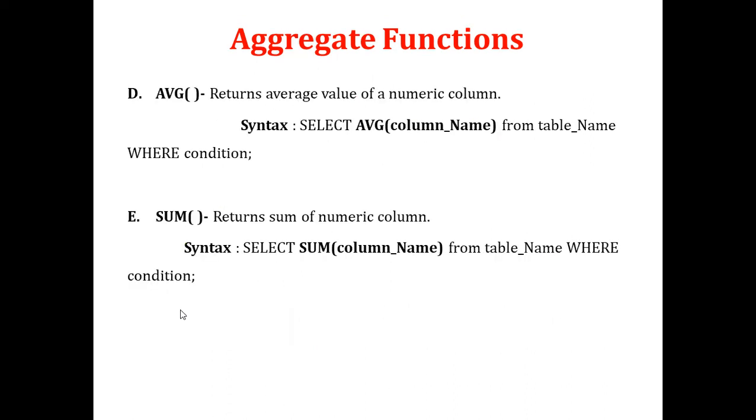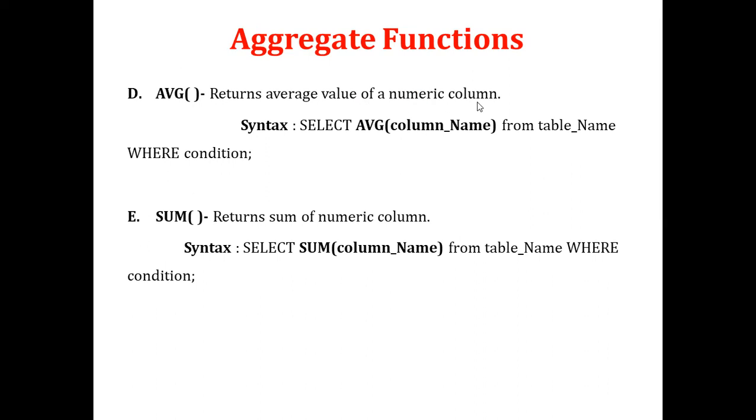Next, another aggregate function is average. The short form or keyword used for the average function is AVG. It returns the average value of a numeric column. The keyword numeric is important here, because you can calculate the average only on numerical data. That's why it returns the average value on a numerical column.